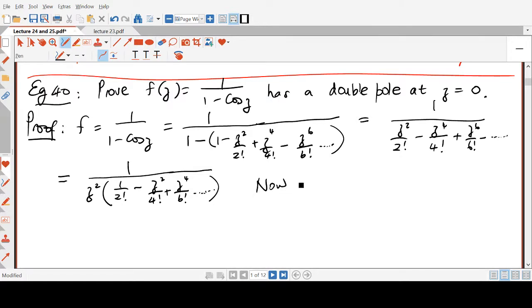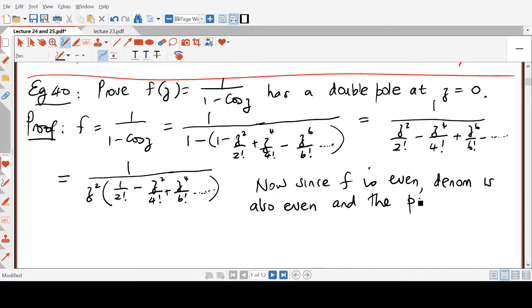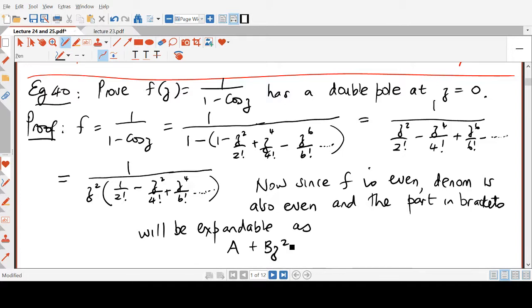Now, since f is even, the denominator is also even, and the part in brackets will be expandable as something a plus bz squared plus cz to the 4th plus dz to the 6th plus so on.